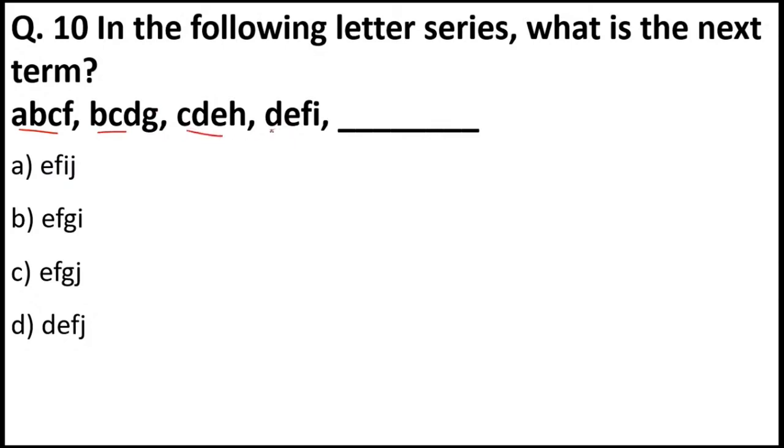In the fourth term, D, E, F is going, and so in the fifth term, E, F, G will go. And the last term, if you see, E, F, G, H, I, and J. So C is the right answer.